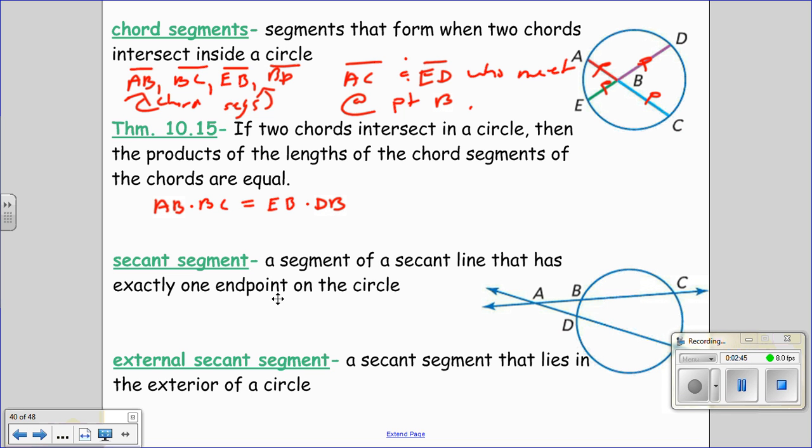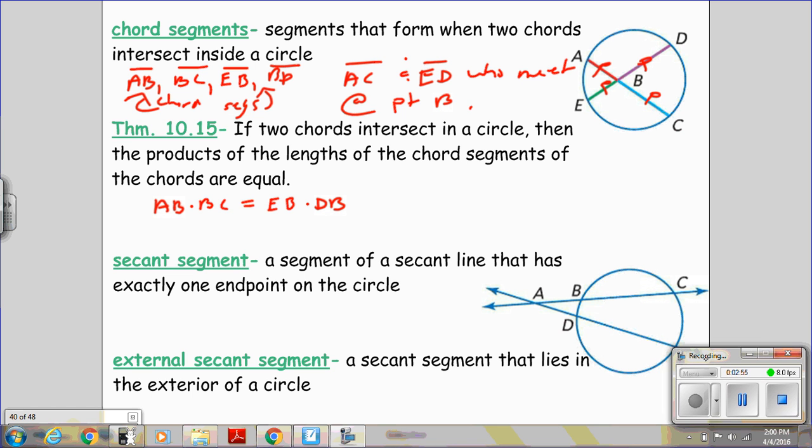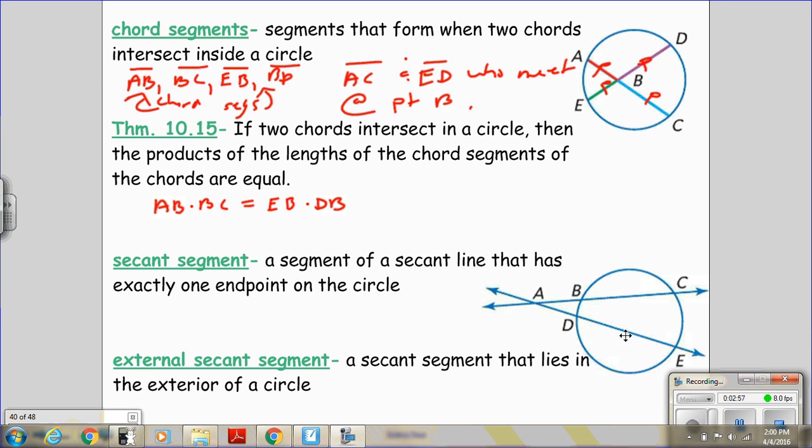A secant segment is a segment of a secant line that has exactly one endpoint on the circle. An external secant segment is a secant segment that lies in the exterior of a circle.